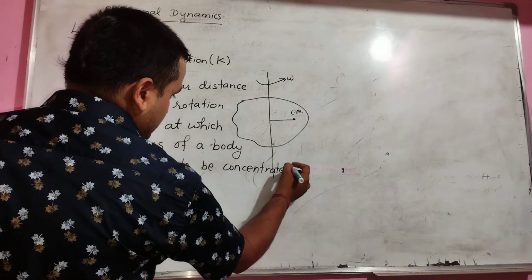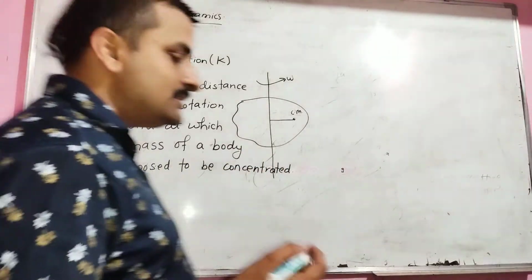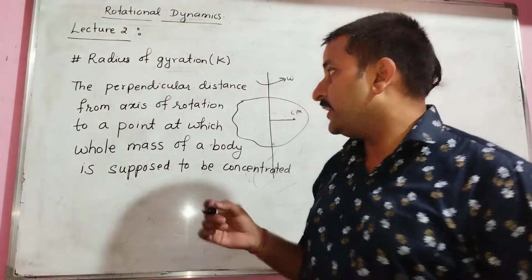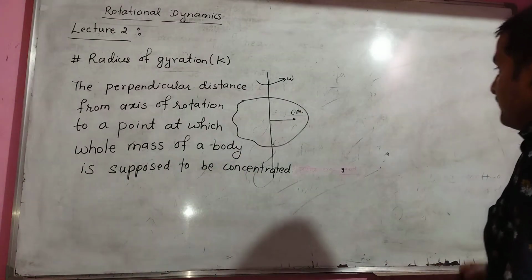This is the formal definition of the radius of gyration.